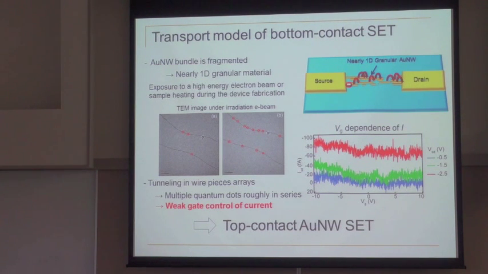And unfortunately, this device acts as multiple quantum dots roughly in series. So this device has weak gate control of current, as shown in the gate voltage dependence of current. So as a next step, we fabricated the top contact gold nanowire device.